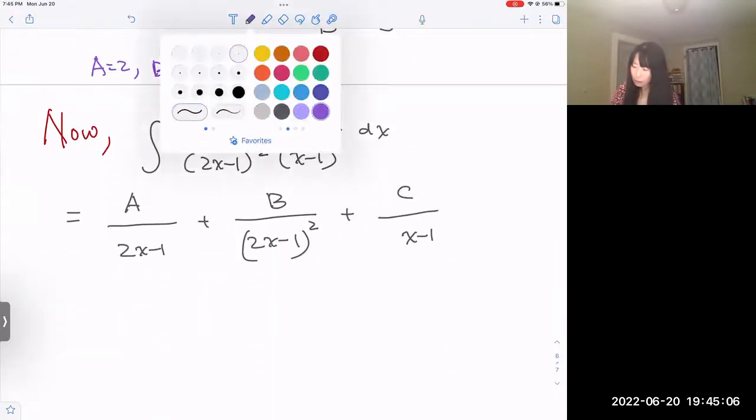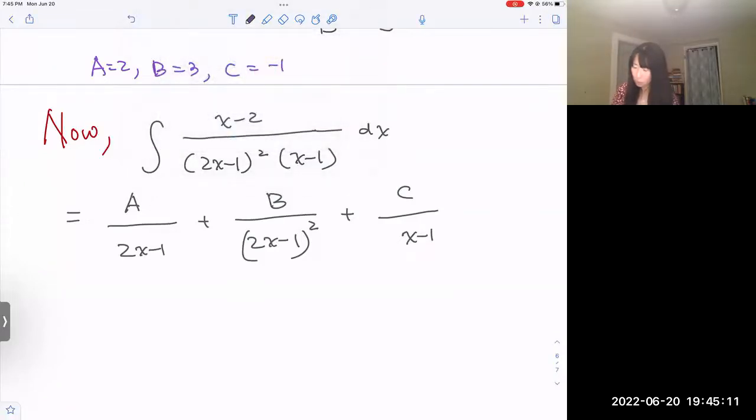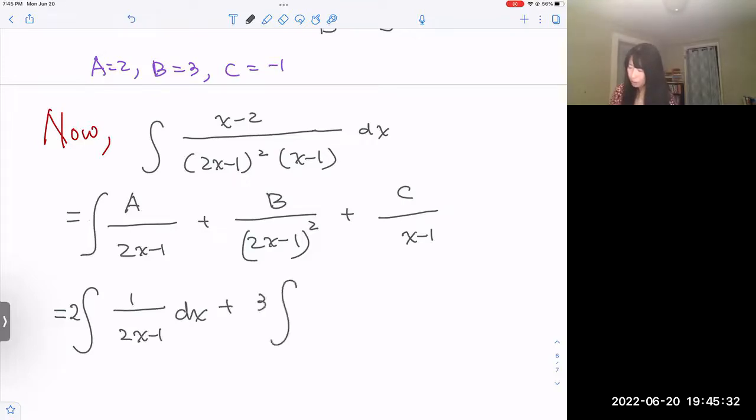So we're gonna find the integration. So A, which is 2. So we can write down this way. B, which is 3. C, which is -1.